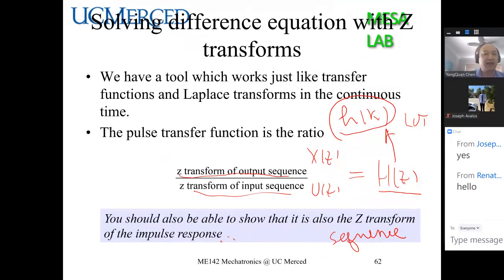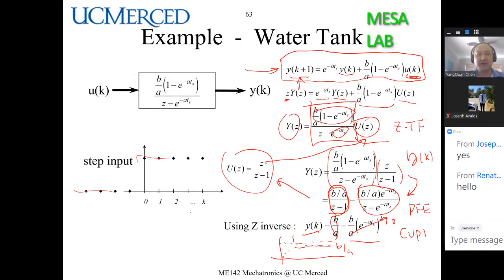The inverse of this is the sequence, called the impulse response sequence because it's discrete points. So that's from the system point of view. But how to do that in Matlab? We can go through some examples here.